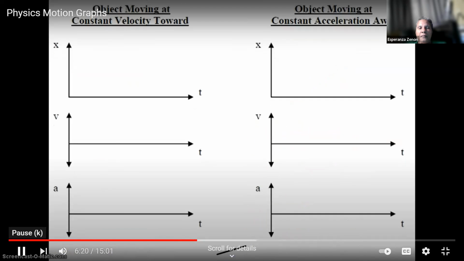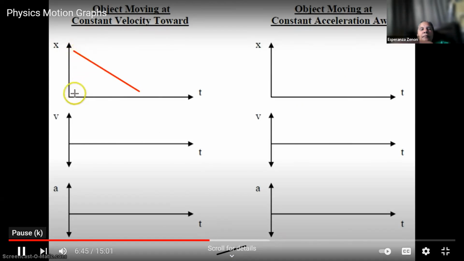Moving on to our next scenario, object moving at constant velocity toward. Well, constant velocity means our line is going to be straight. Toward means that our X numbers, our distance numbers, are going to be decreasing. So this would be a straight line, negatively sloped, showing that our X value is decreasing as time is increasing.